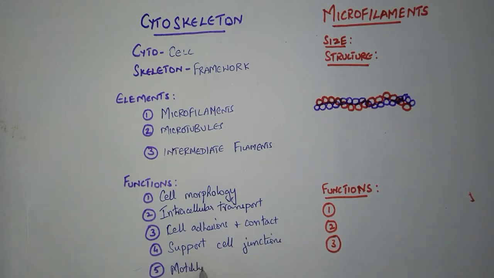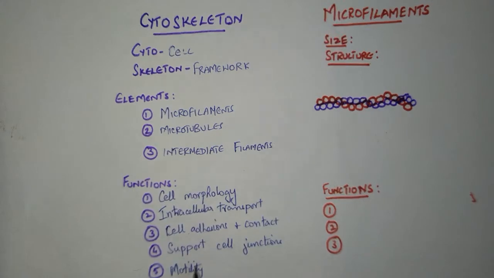So I repeat, the cytoskeleton maintains cell morphology, is involved in intracellular transport, transmits signals of cell adhesion and contact, supports cell junctions, and is involved with motility.